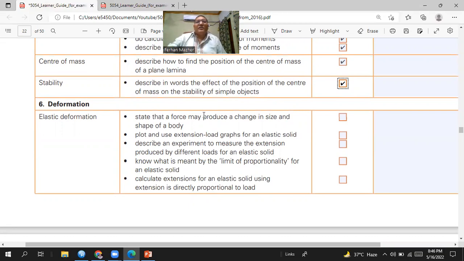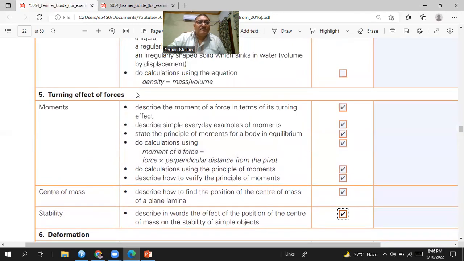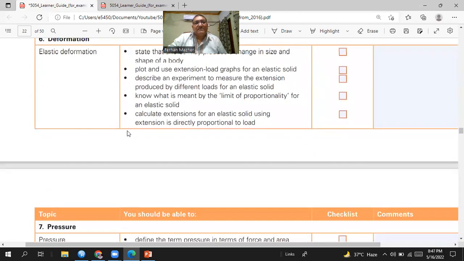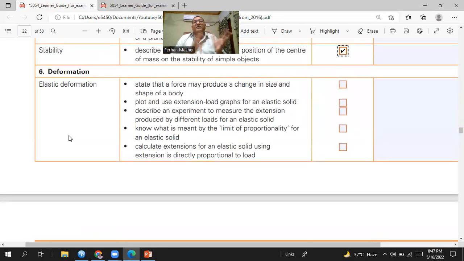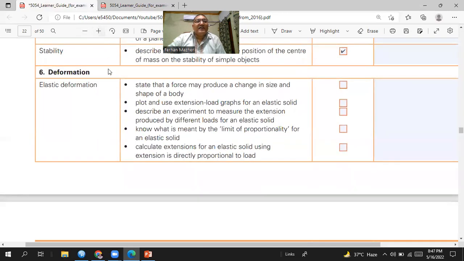The next topic is topic number 6. It is deformation. And the first thing is to state that a force may produce a change in size and shape of a body. So you see, whenever I apply a force, what happens?